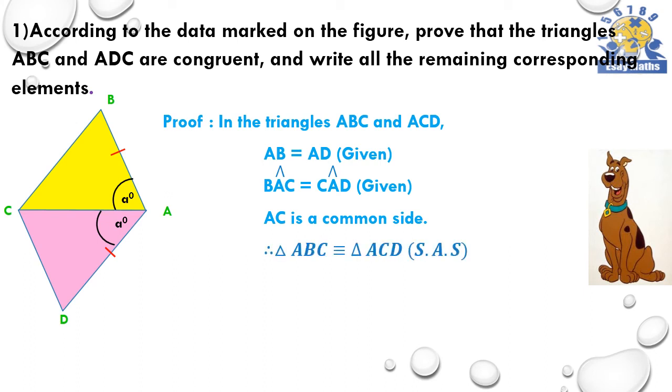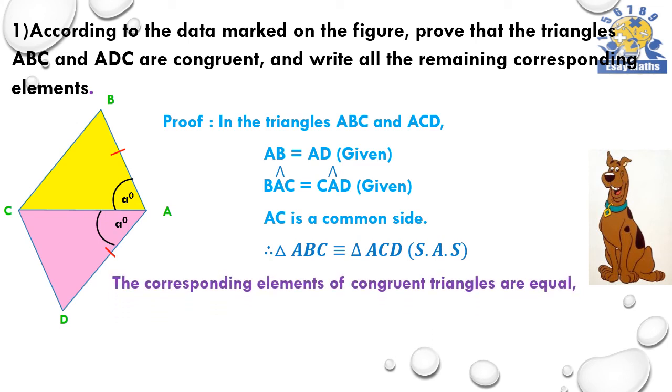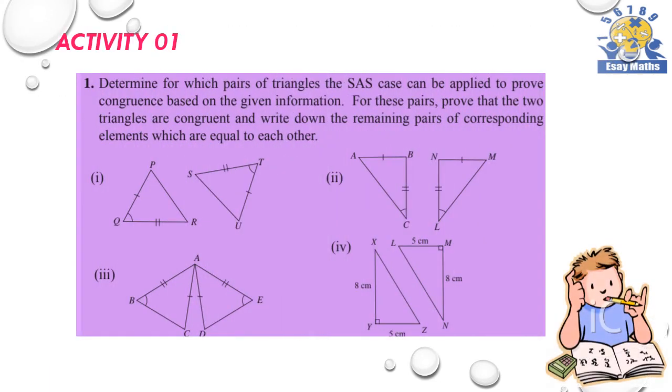Therefore, the triangle ABC is congruent to the triangle ACD under the case SAS. The corresponding elements of congruent triangles are equal. So, the side BC is equal to the side CD, angle ABC is equal to angle ADC, and angle ACB is equal to angle ACD. Do activity number 1.